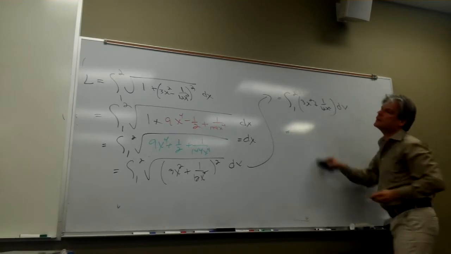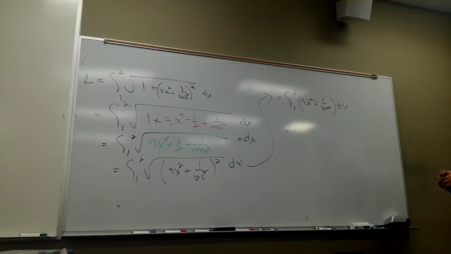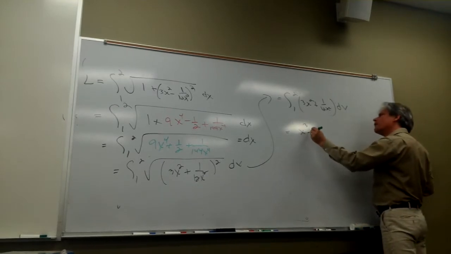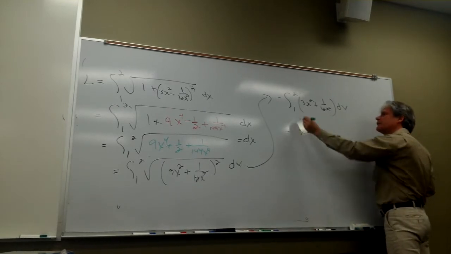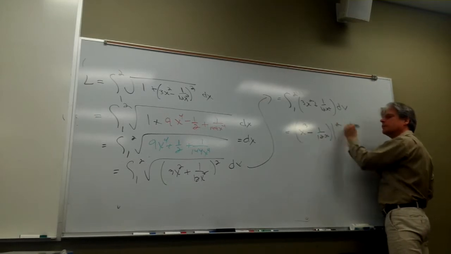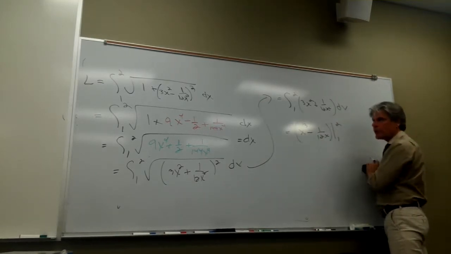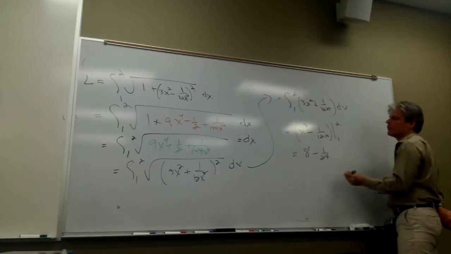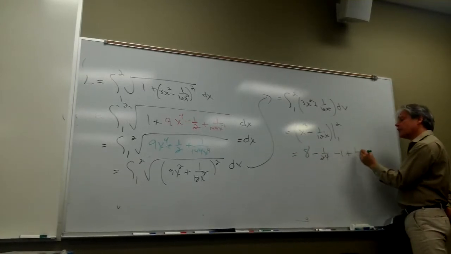But that merely gives me, I don't know, you guys, what does that give me? Is that an x cubed? Is that a minus 1 over 12x, evaluated from here to here? Or does that give me an 8 minus 1/24, minus 1 plus 1/12?